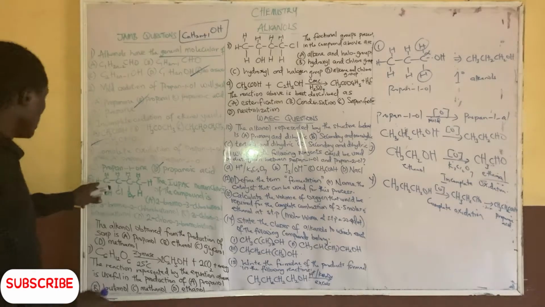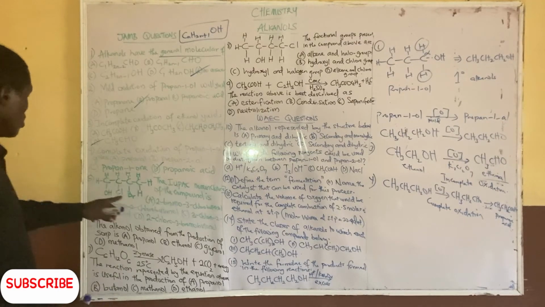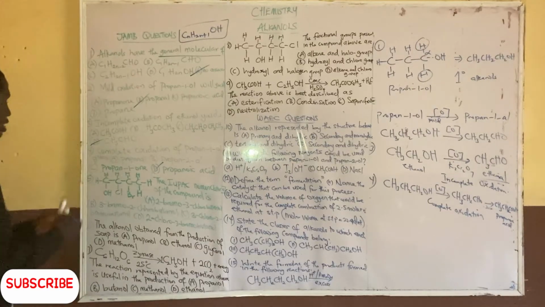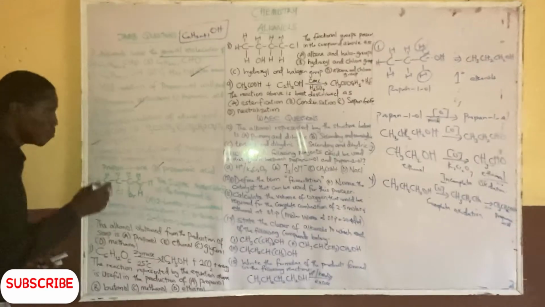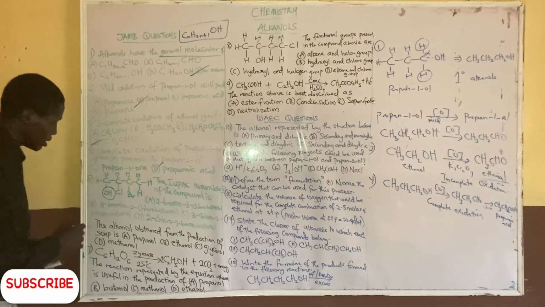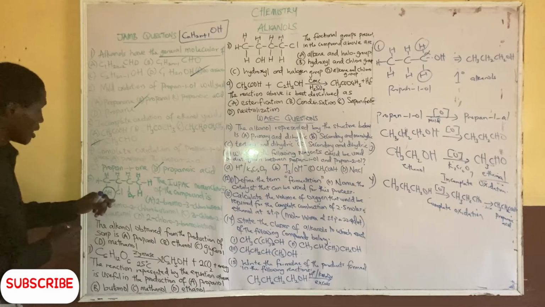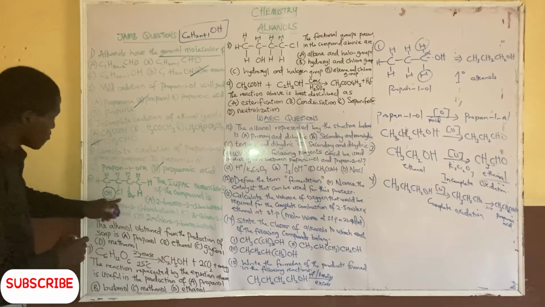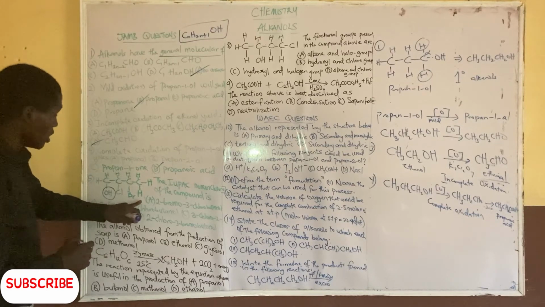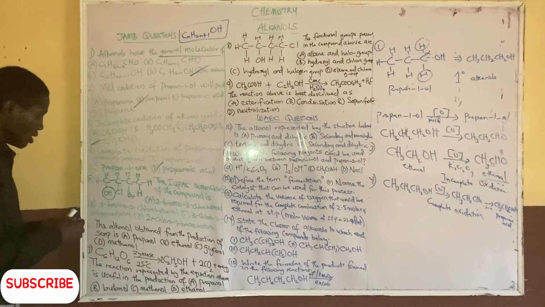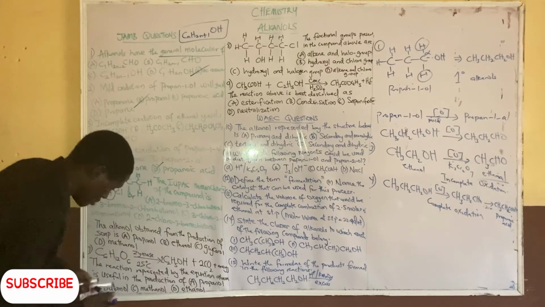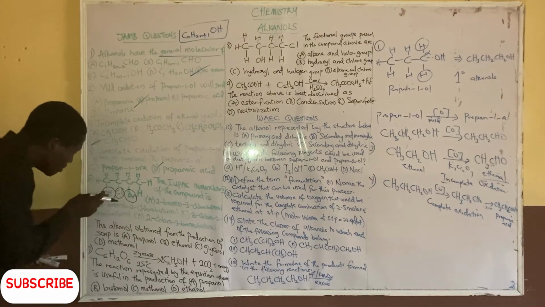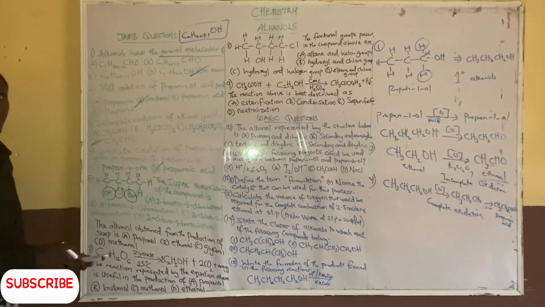Now, what is the IUPAC name of this compound? This has a hydroxyl group. Why do I call it a hydroxyl group? Because the main functional group here is OH. The other substituents that we have here are bromo and chloro, but the main functional group is the hydroxy group.